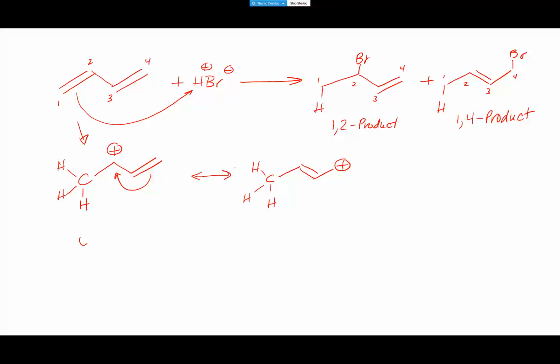So, argument for the one on the left: it's a secondary carbocation. Argument for the one on the right: a more substituted double bond. We kind of glossed over that, didn't we, last time? We just accepted that the secondary carbocation was more stable than the primary one.